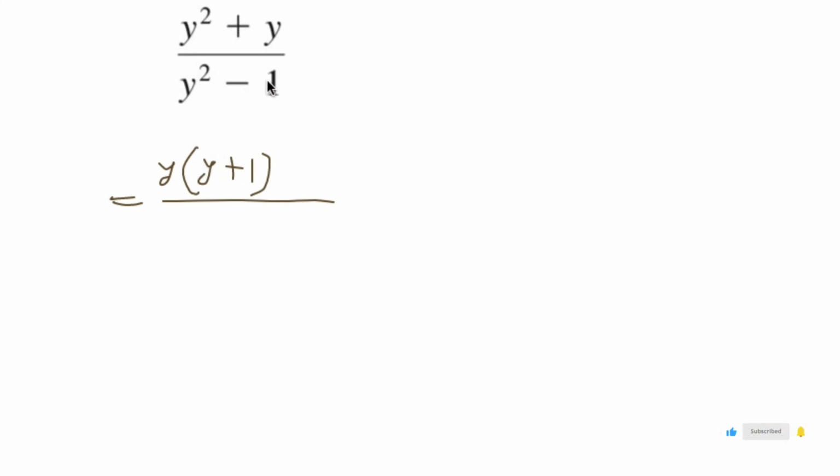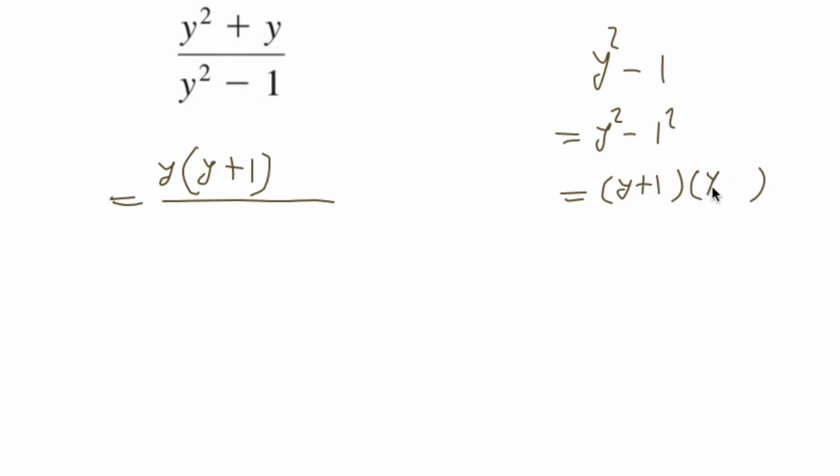Okay, y square minus 1. Again we can write 1 as 1 square, and we can use the difference of squares formula. So y plus 1 upon y minus 1.